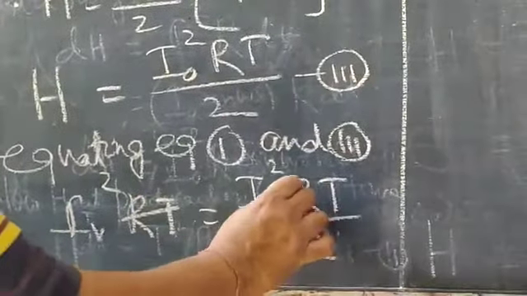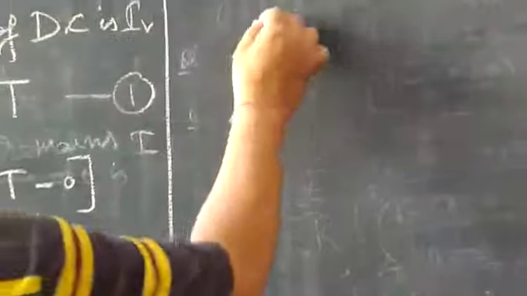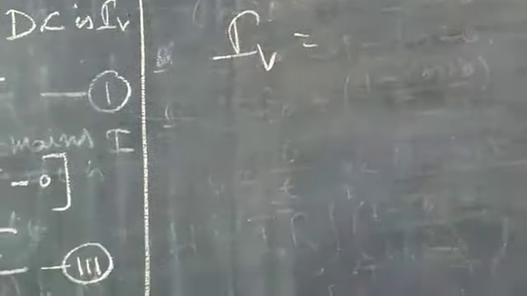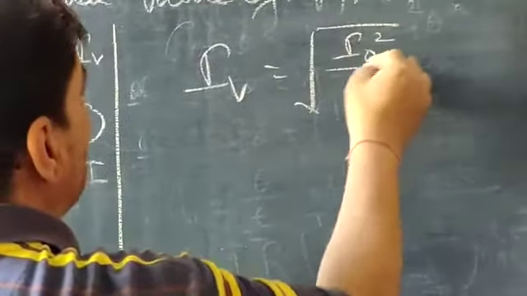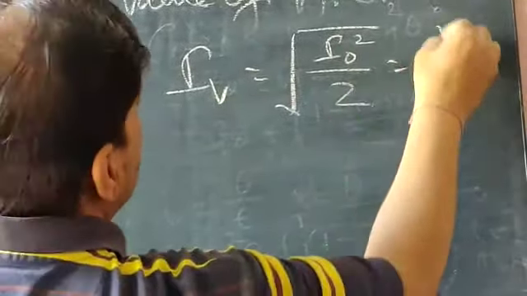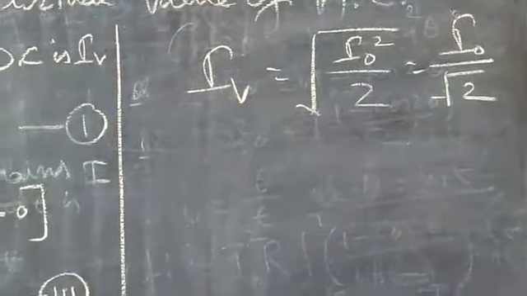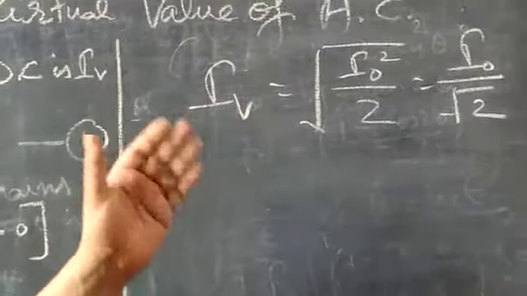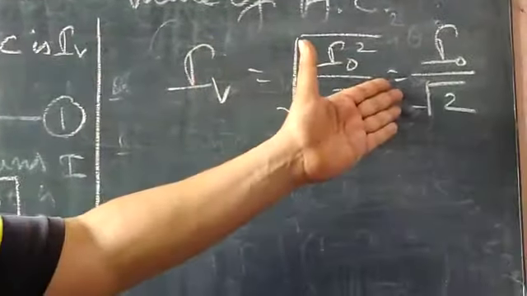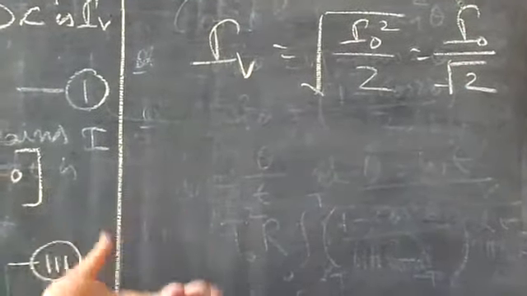RT will cancel, so IV is equivalent to the square root of I naught square upon 2, which means I0 upon root 2. So the RMS or effective or virtual value of AC is equivalent to 1 upon root 2 times the peak value of AC.